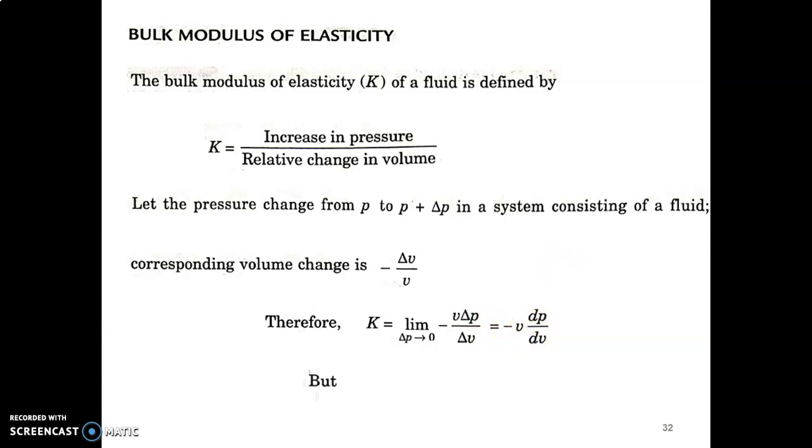And we know that for the specific volume, we can write an expression: it is the reciprocal of density. Why? Because specific volume is volume by mass. We all know that mass by volume is density. Therefore, volume by mass is the reciprocal of the density itself. Now, before applying small v equal to 1 by rho, we have to differentiate this.